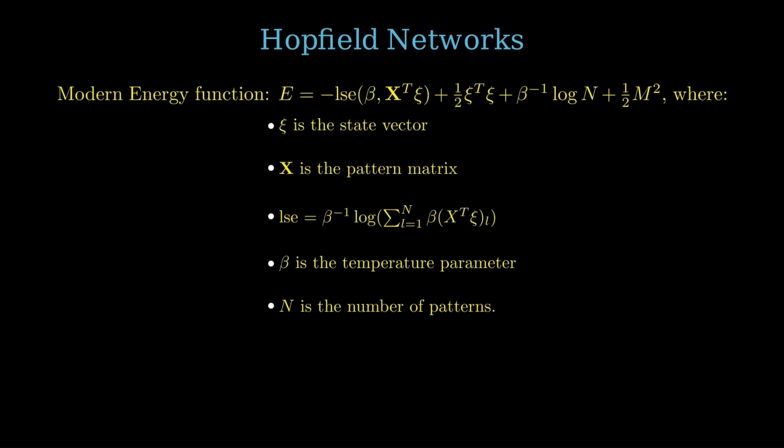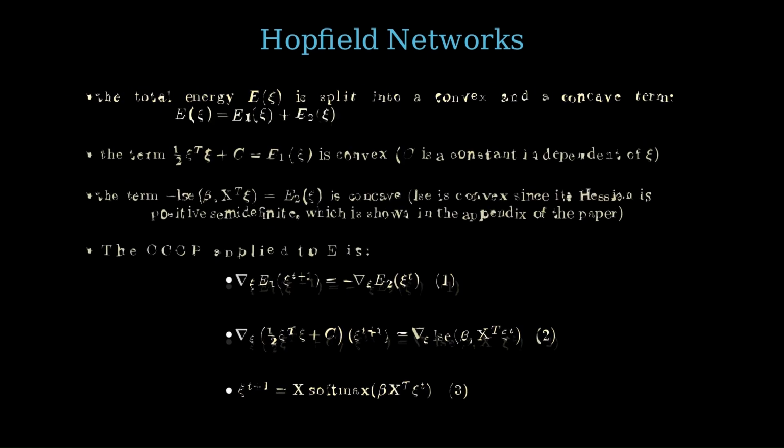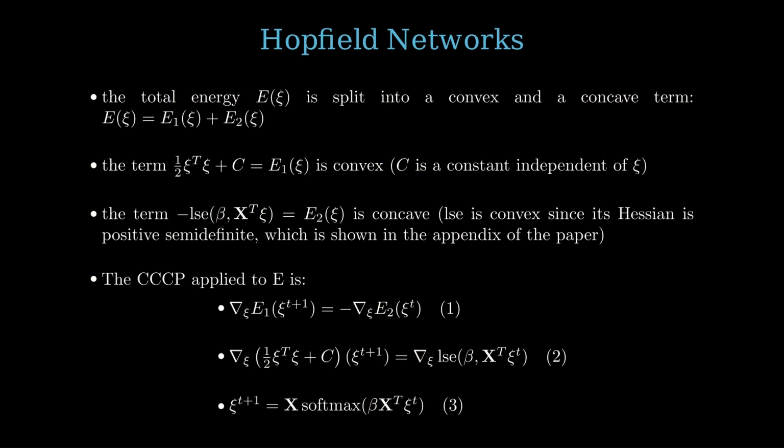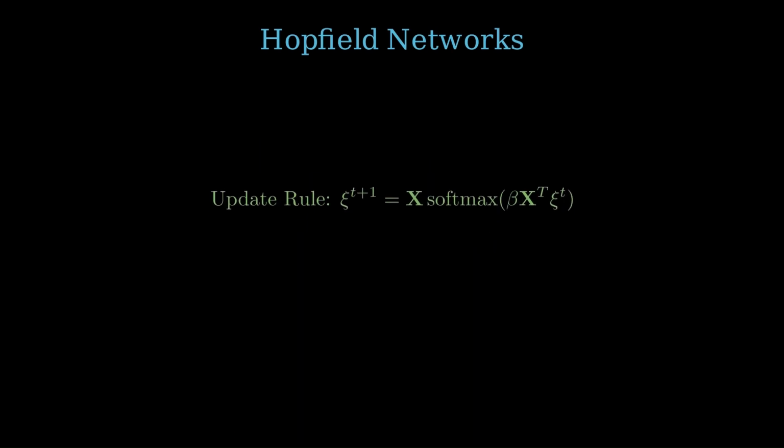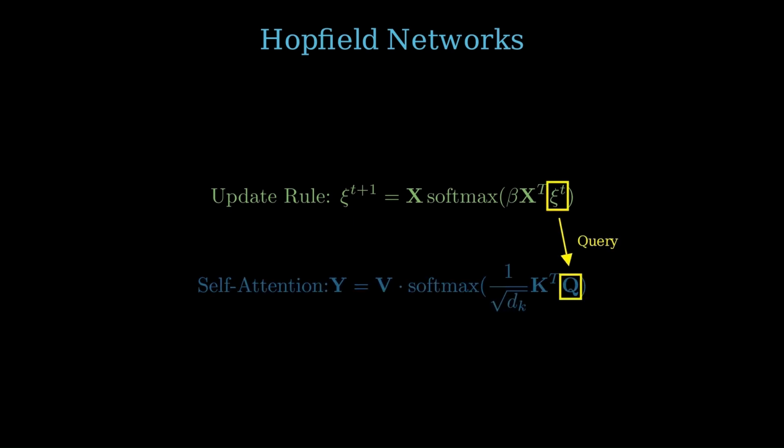And after applying the concave-convex procedure optimization for the energy function, the update rule becomes mathematically equivalent to transformer self-attention. Instead of the classical binary state, we now have continuous dynamics with exponential storage capacity, and it is able to pull apart close patterns.